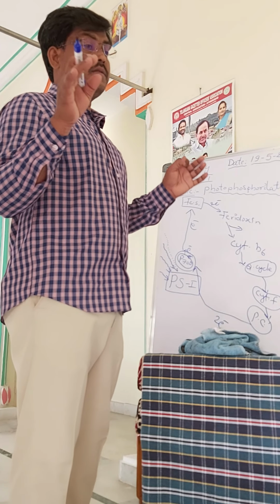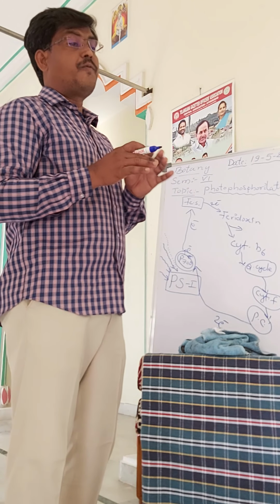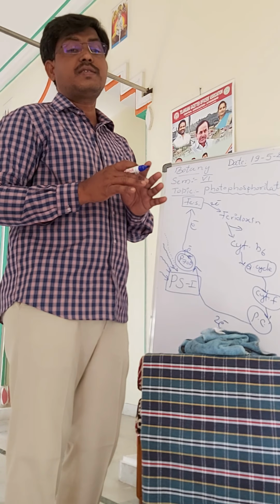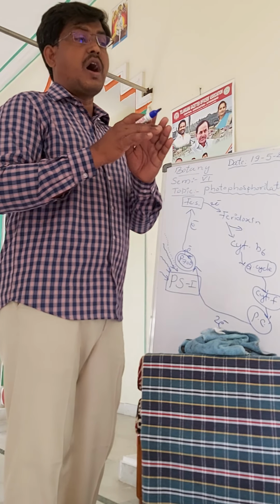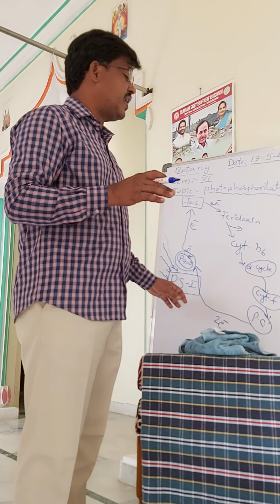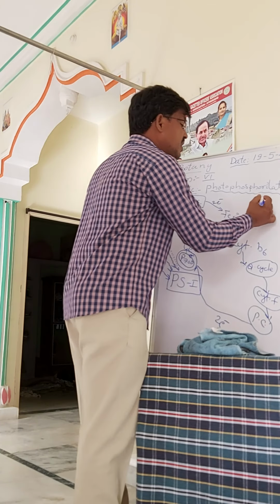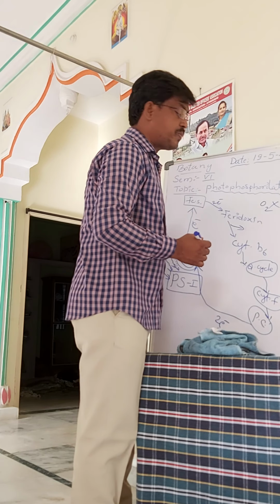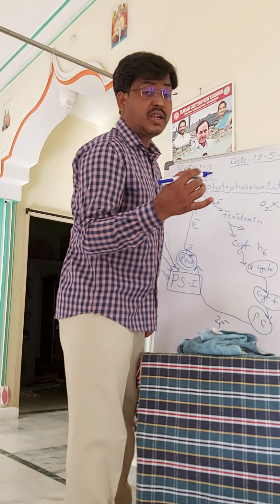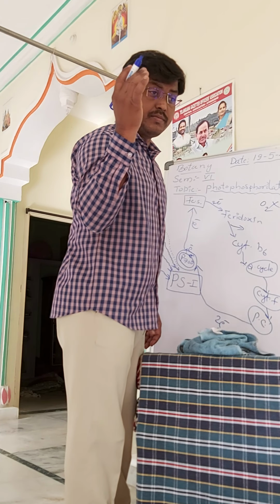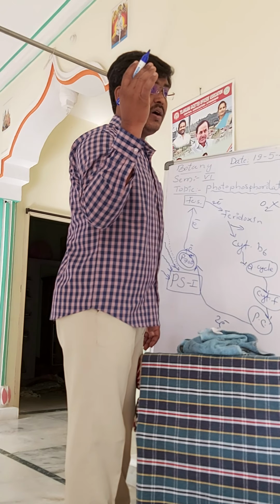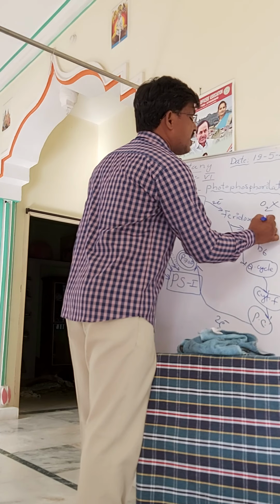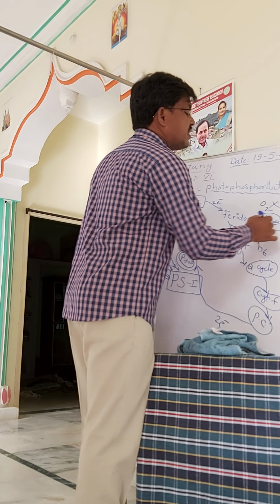Here as there is no photolysis of the water, the release of oxygen is also absent during this photophosphorylation. Oxygen cannot be released in this cyclic photophosphorylation, and photolysis of the water cannot happen.